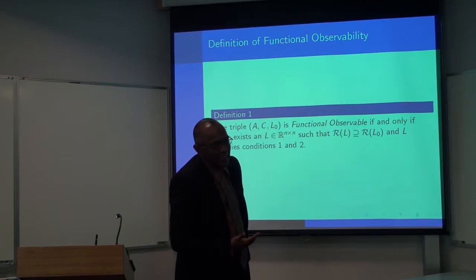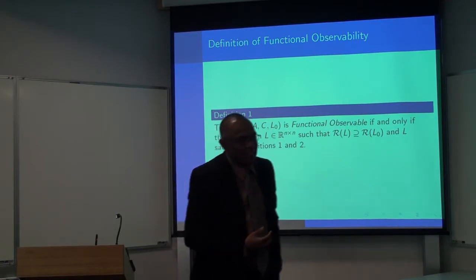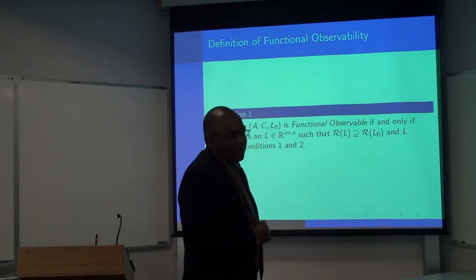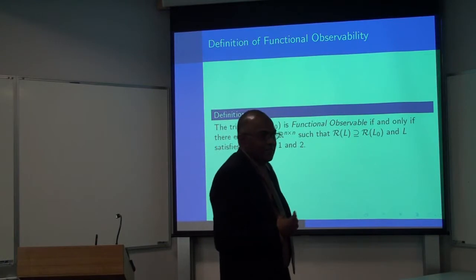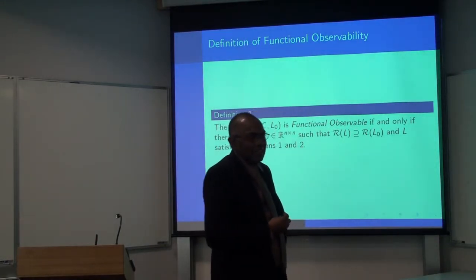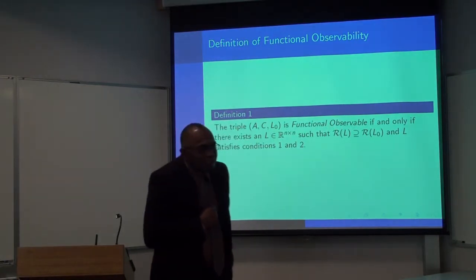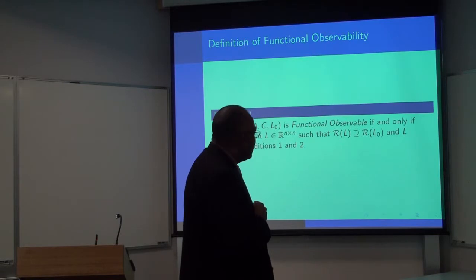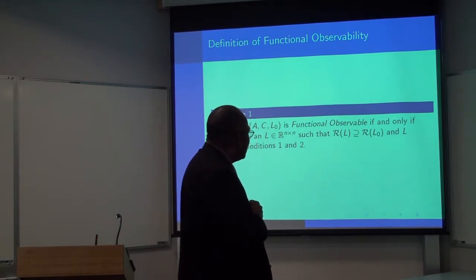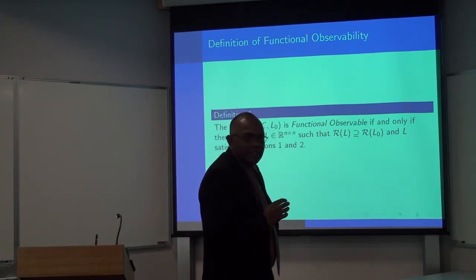Right, so in terms of this definition, if you added rows up to n to make L non-singular, then it seems to me that you would then just be trying to estimate all of the states. That's right. And then assuming that AC was observable, then that condition would be satisfied. That's good. So it seems like the only case when it wouldn't be functionally observable is when L0 is not full rank, or if the system's unobservable.